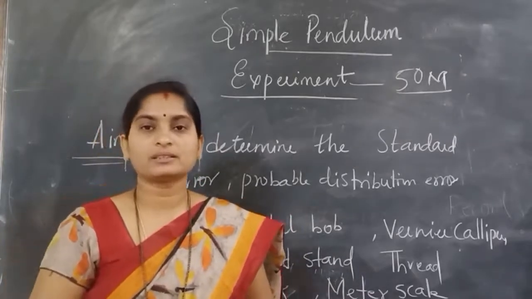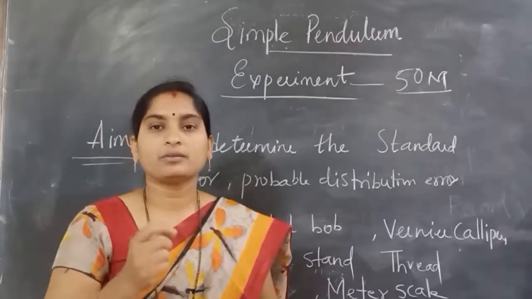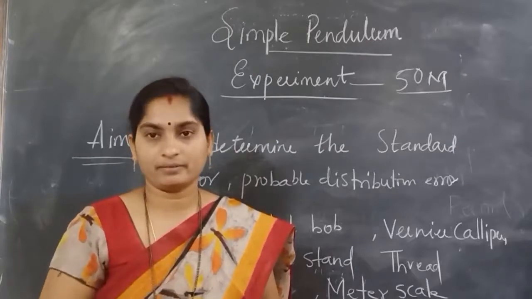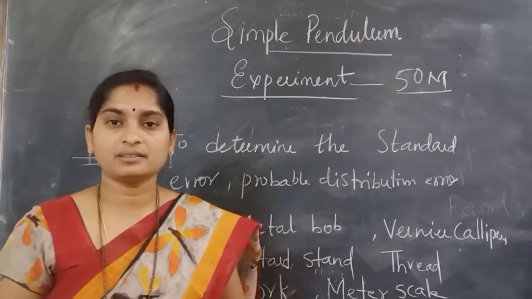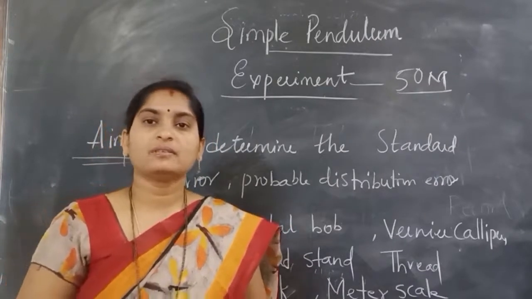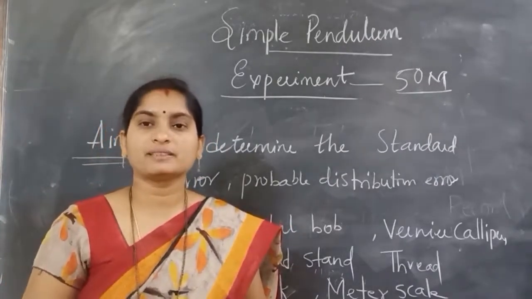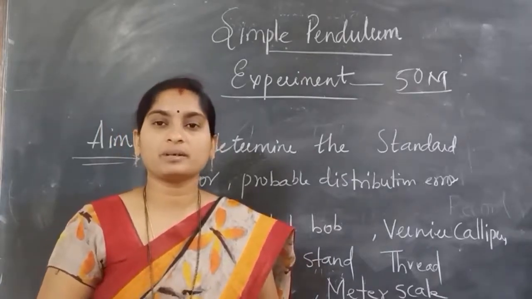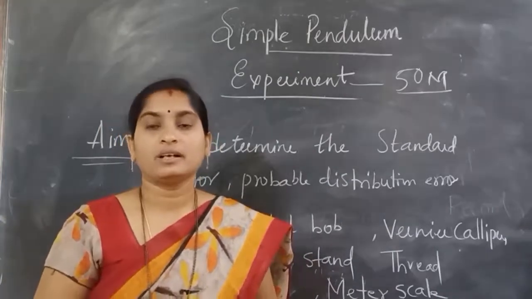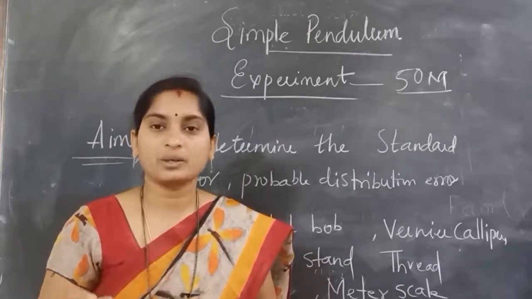Even if you take our watch itself, can we read it exactly with seconds? No, right? We just say 5:15, 5:16, 5:10 like that. If you calculate the time period with seconds, it is called accurate.